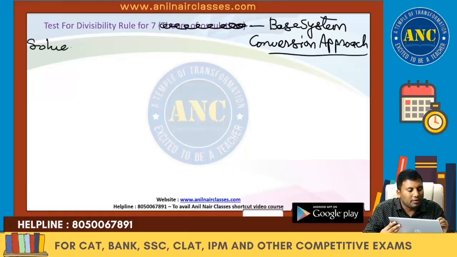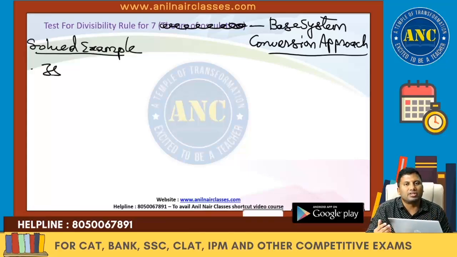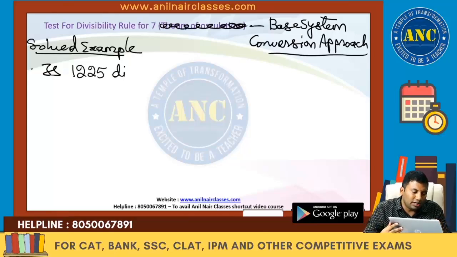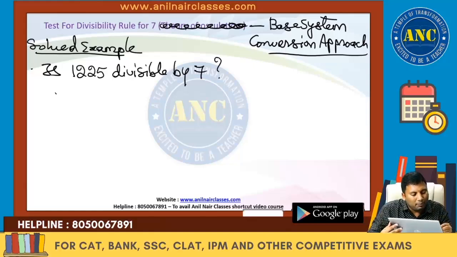Solved example. Every class of mine will change the way you think about aptitude. Is 1225 divisible by 7? Approach: 1225 is in base system 10.